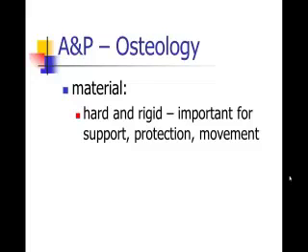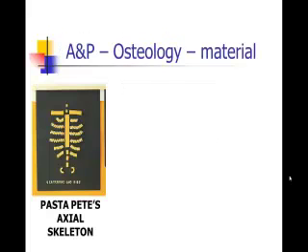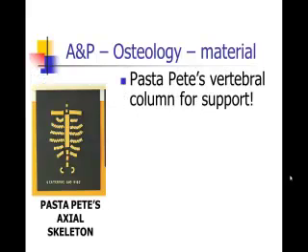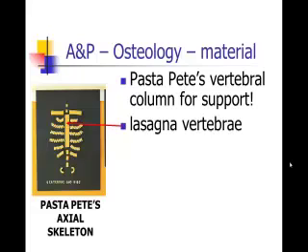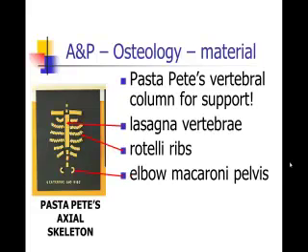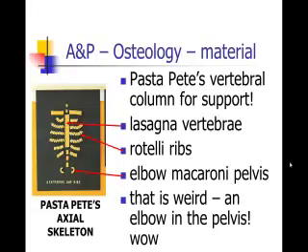So here are the skeletal remains of the first man, Pasta Pete. Oh my God, look at this. So Pasta Pete, instead of having vertebrae like current human beings do, he had lasagna for vertebrae, and he had rotelli ribs, and he had elbow macaroni for a pelvis. And if you think about it, having an elbow in your pelvis is kind of weird.